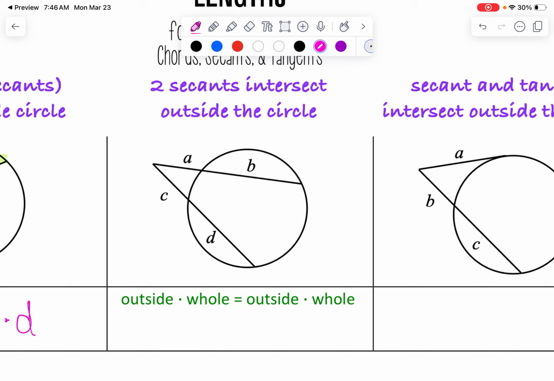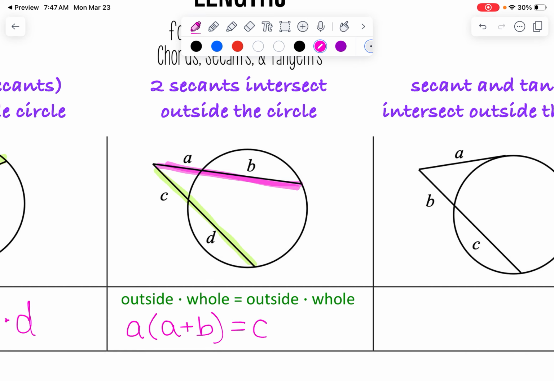You take the outside piece, and if we're looking at this segment here, that would be A, times the whole segment, which would be A plus B. And that should be equal to the same thing for this segment, outside times the whole.